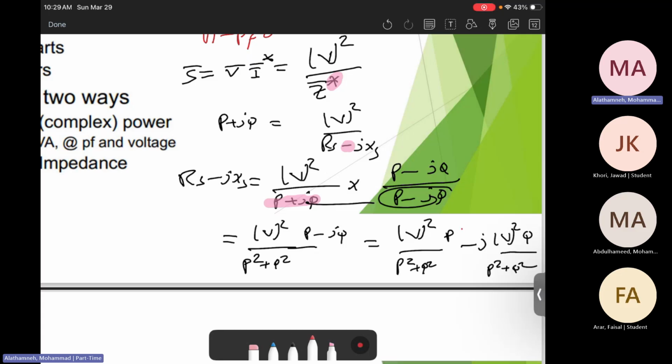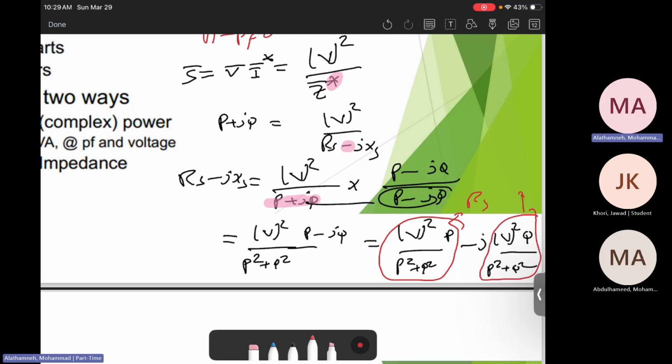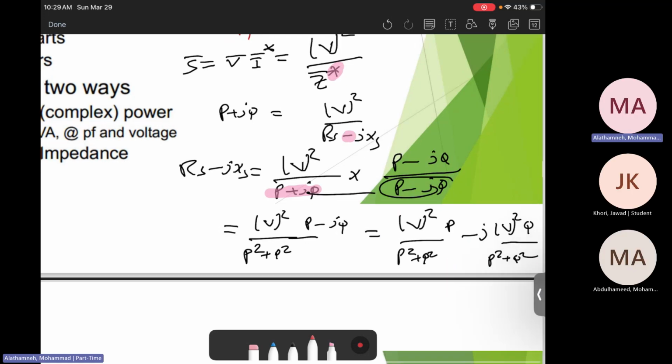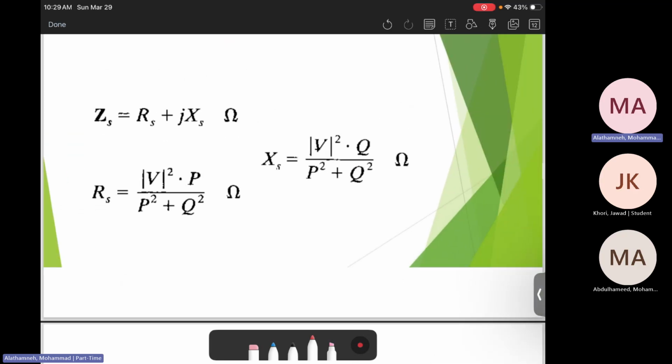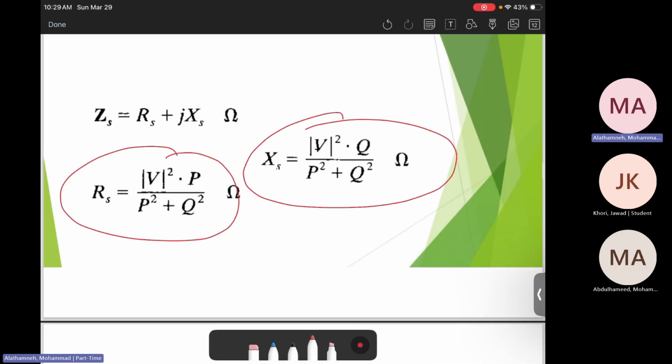This first term is Rs and this second term is Xs. That's it. This is Rs, this is Xs.